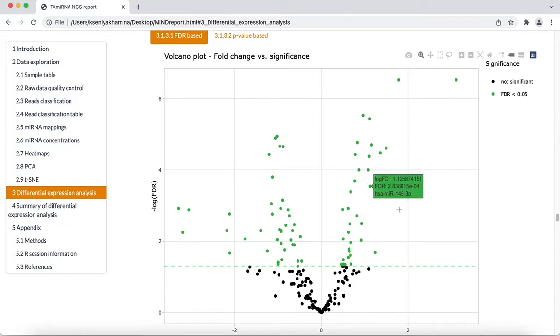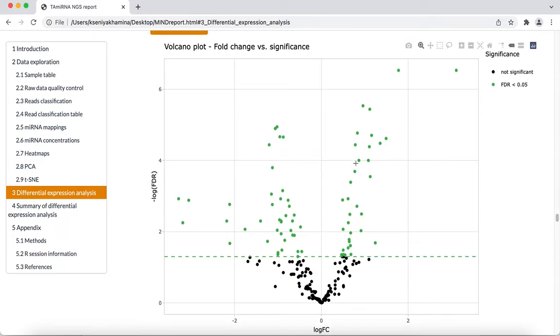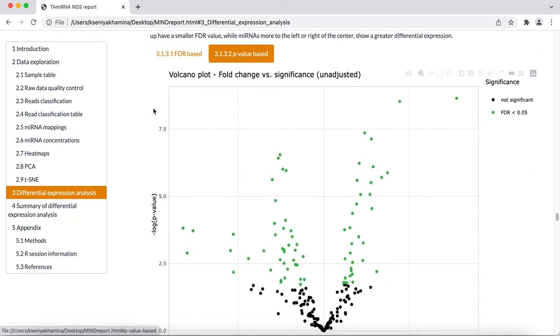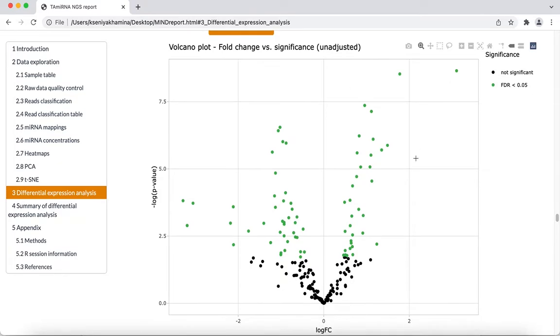So here in 3.1.3.1, we have the volcano plot of fold change versus significance. This graph can also be downloaded. And in 3.1.3.2, we provide the volcano plot reflecting fold change versus significance, unadjusted.